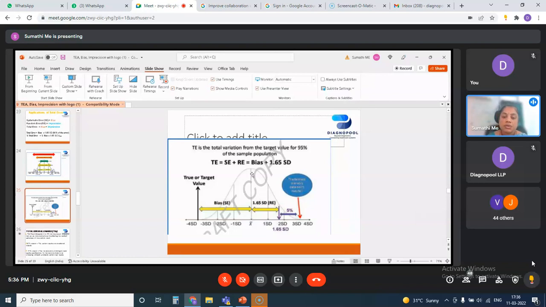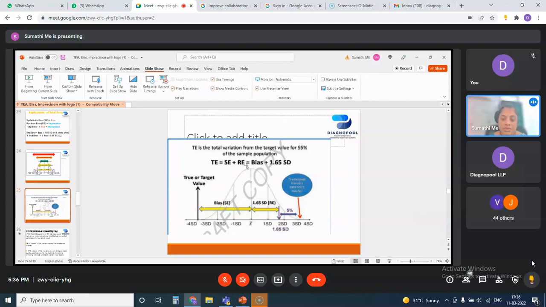When we are including the dispersion part, we are calculating up to 1.65 SD alone, not the 2 SD, because ideally 95% has to be taken, but when you take 1.65 SD, the 5% part of this is excluded. Why? Because this 5% part is included in the bias calculation.